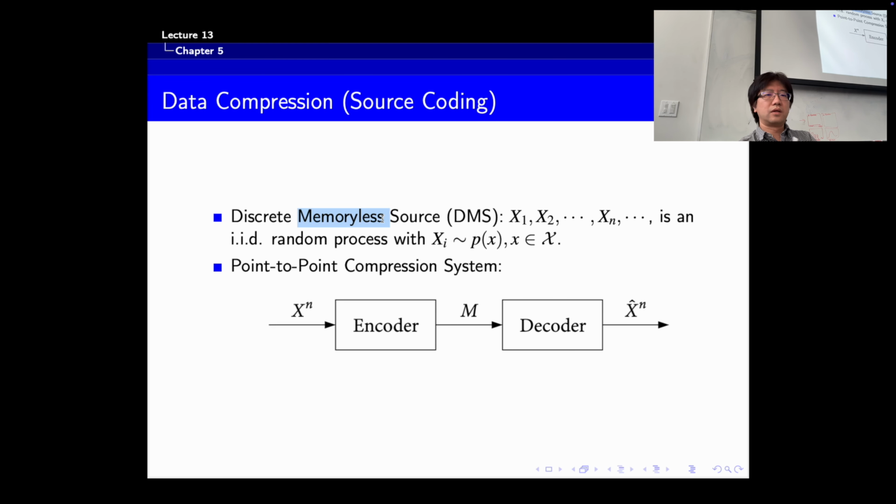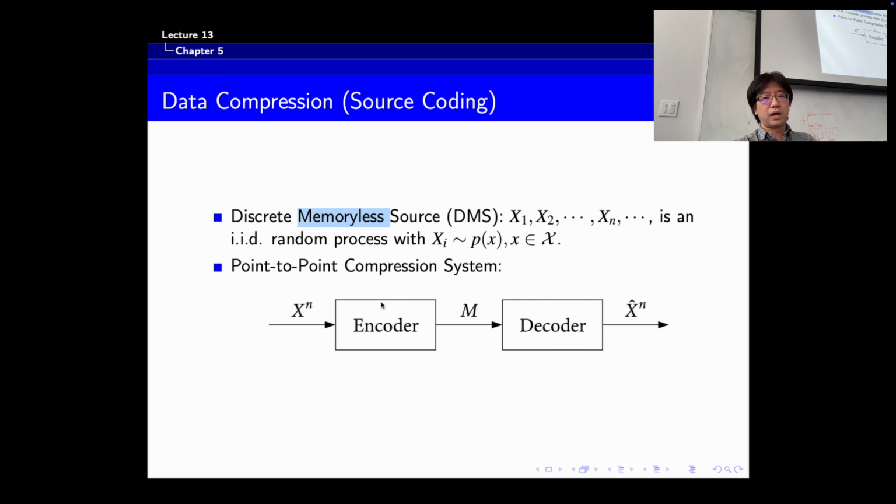In about 90 to 95% of this class, we consider the point-to-point scenario, right? Here it is for compression, and later we're going to talk about communication or something else.